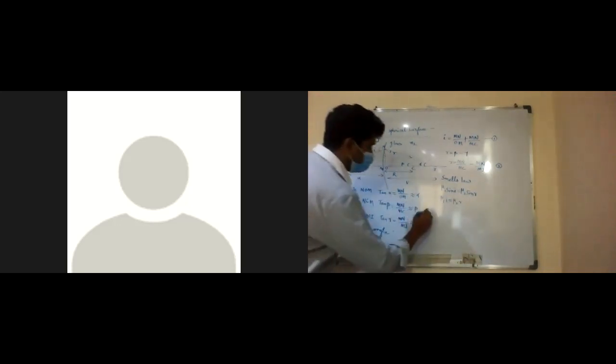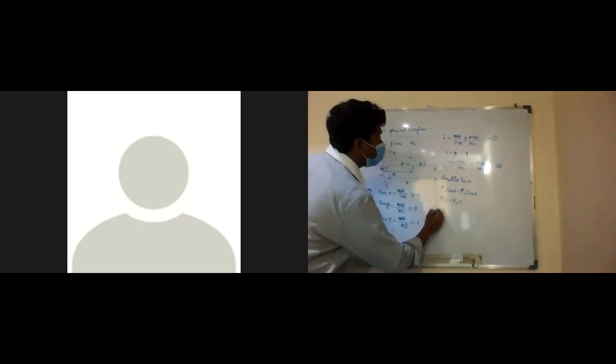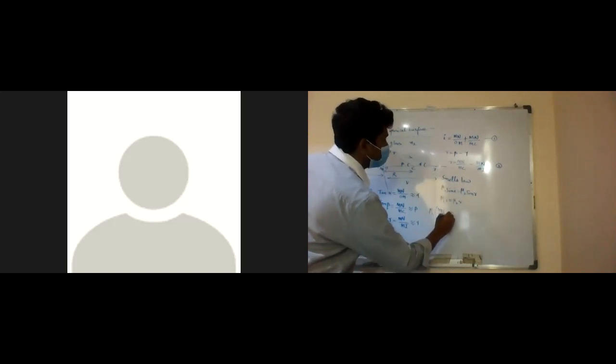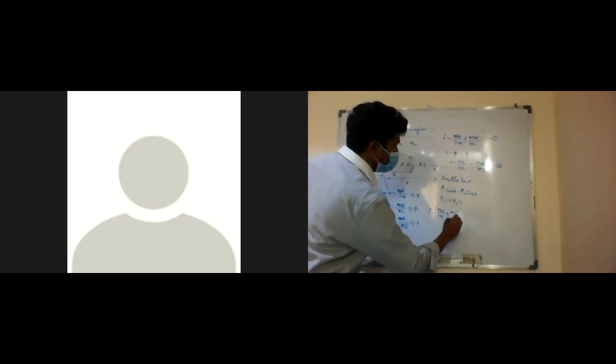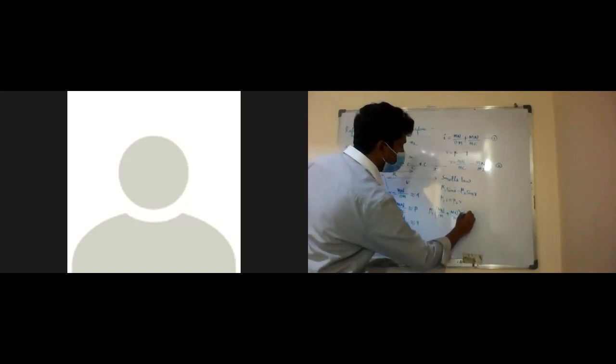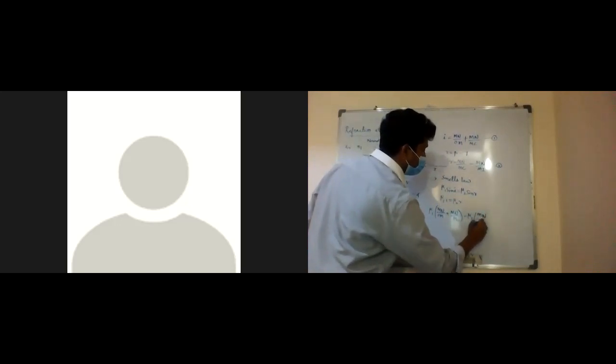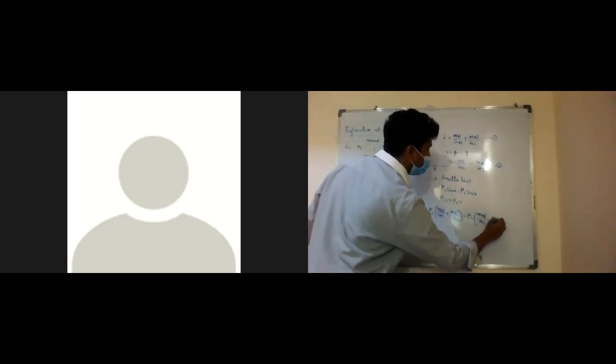Just substitute the values now. mu1 into i, where i is MN by OM plus MN by MC, equal to mu2 into r, where r is MN by MC minus MN by MI.